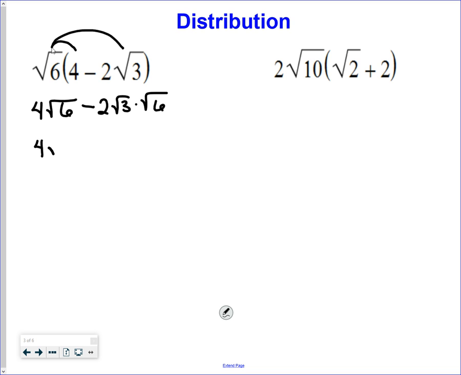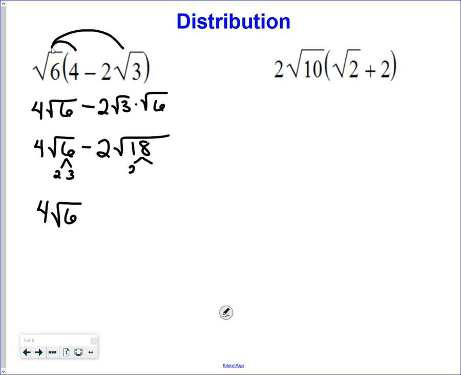So this is 4 radical 6 minus 2 times, now the 3 and the 6 are both under the radical, so that becomes 18. Okay, now simplify. The 6, the only way I get it is 3 and 2. It's not a repeat, so really kind of ignore it because I can't do anything. 2 times 3 is still 6.